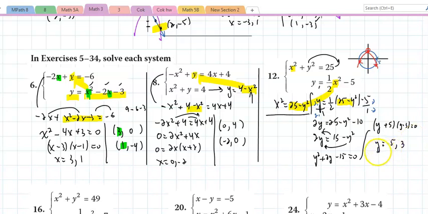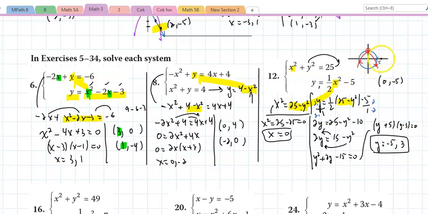So, if y equals negative 5, let's see how this plays now. If y equals negative 5, I have x squared equals 25 minus 25, which is 0. That means x equals 0. So I have that point 0, negative 5.